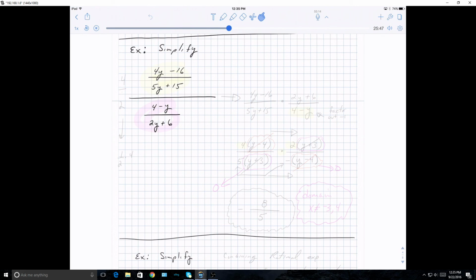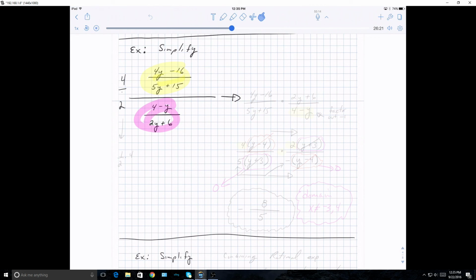So remember what this is really saying. This is saying that we have this fraction divided by this fraction. Which means that if I looked at this as saying, let's just say that this is 4 divided by 2.